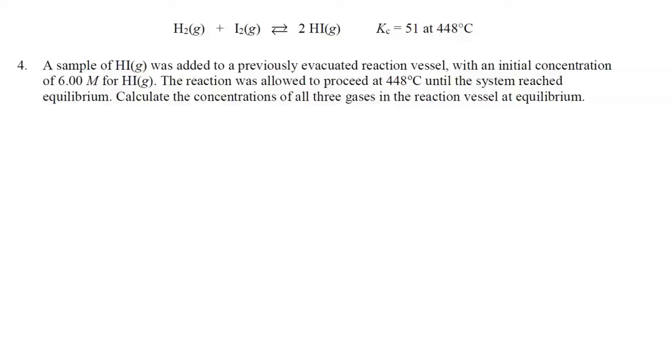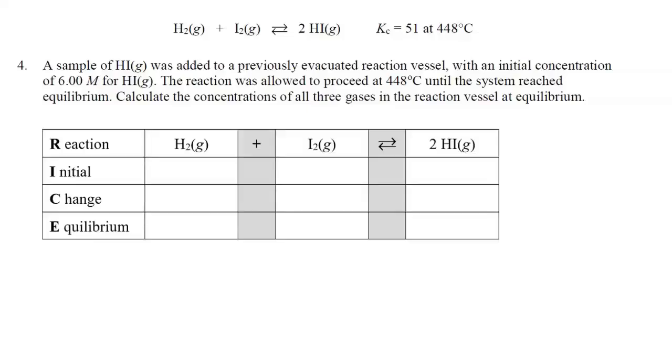Let me go ahead and make the rice table, and we'll fill in a concentration of 6.00 molar for hydrogen iodide initially. The reaction was allowed to proceed at 448 degrees Celsius until the system reached equilibrium. Calculate the concentrations of all three gases in the reaction vessel at equilibrium.